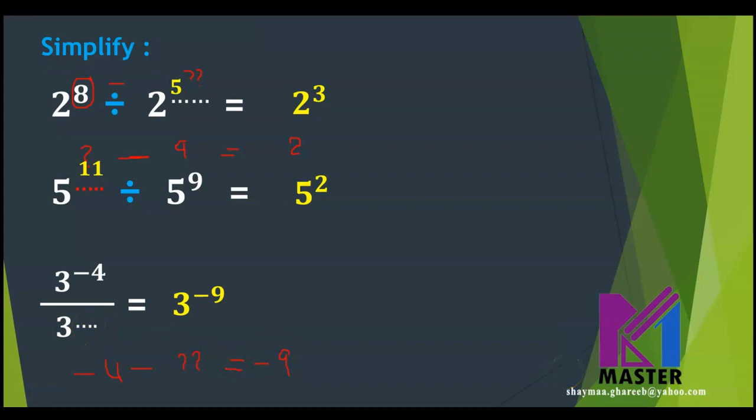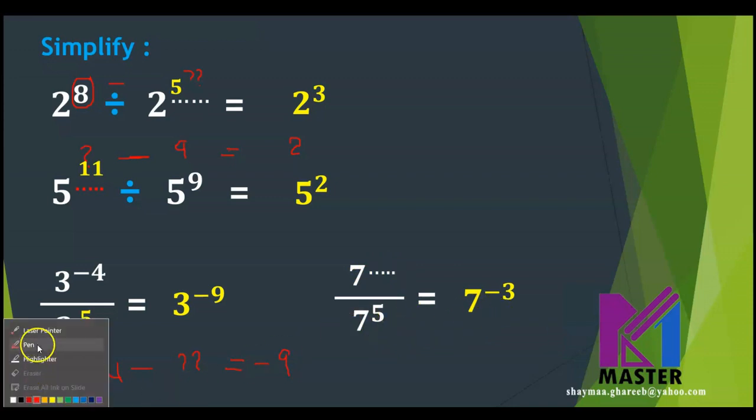Now let's see next example. 7 to the power of what over 7 to the power of 5 equals 7 to the power of negative 3. So what number minus 5 gives negative 3? Let's see together. I have a missing number minus 5 gives negative 3.